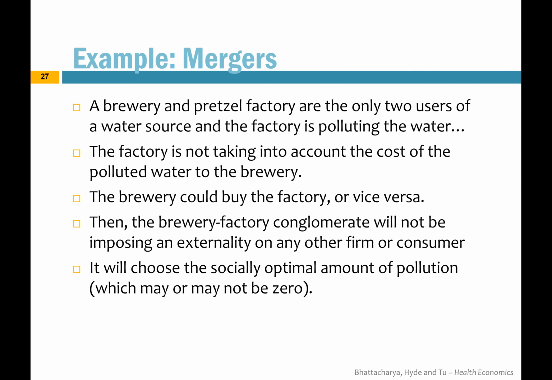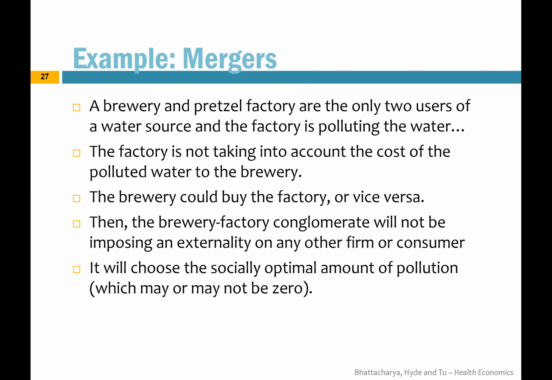So one way to fix this is that you merge these two entities together, and you would get rid of this negative externality. The brewery could buy out the factory, or vice versa, because then you've got the mega firm, the brewery factory conglomerate. And then neither one of those will be imposing an externality on the other. And as a merged firm, it will choose the socially optimal amount of pollution, which is not necessarily zero.